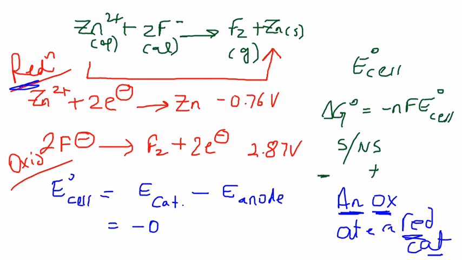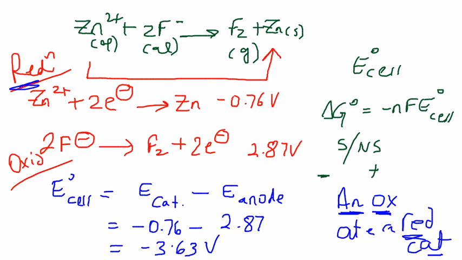So that's negative 0.76 minus, at the anode, which is our fluoride, the value there is 2.87. When you solve that, you end up with 3.63 with a negative sign, that many volts.